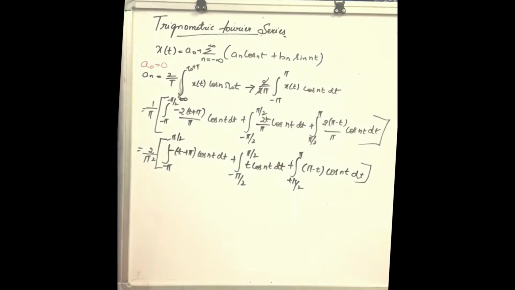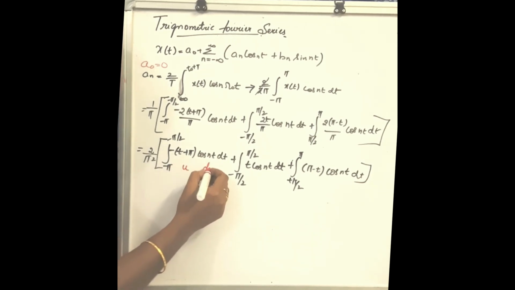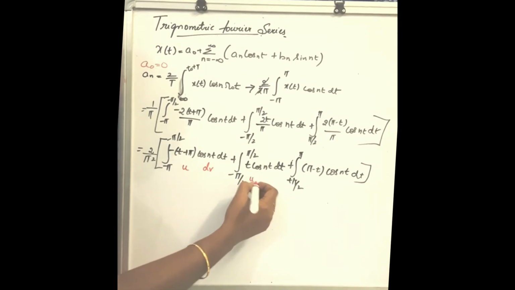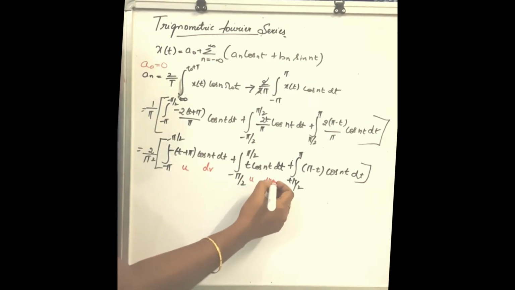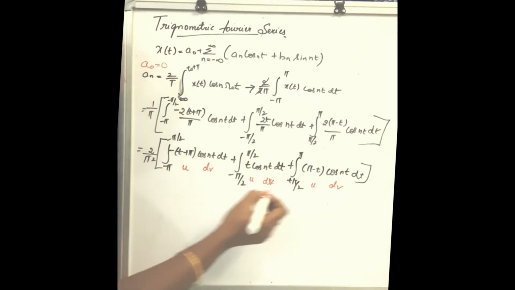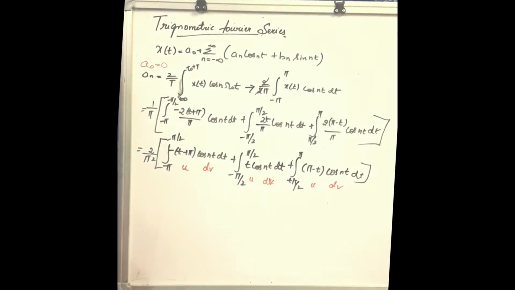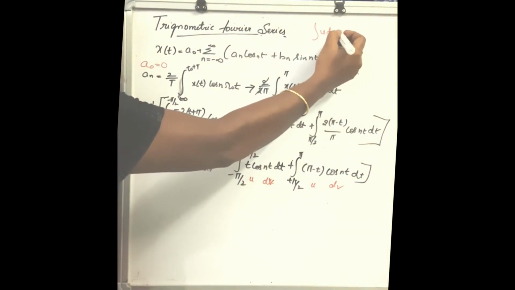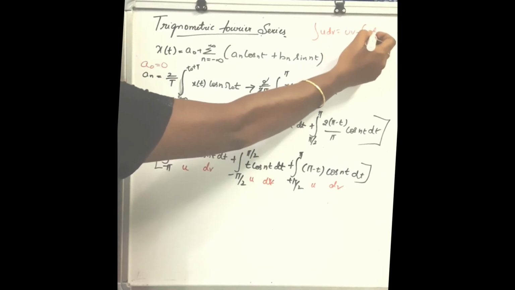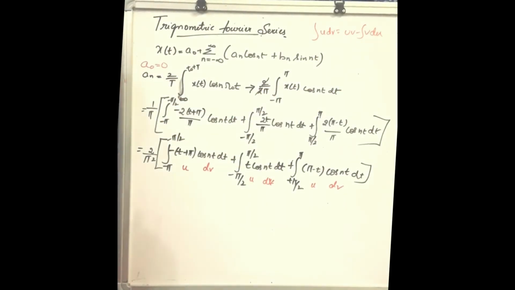Now we are going to use integration by parts since we have two variables here. When we use integration by parts, this is your u value, this is dv. Integral u dv is equal to uv minus integral v du. Having that in mind, we are going to simplify this.